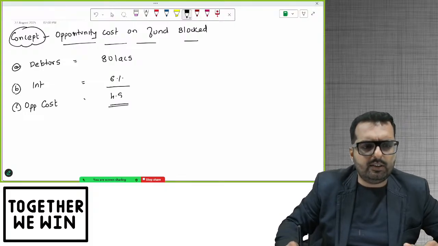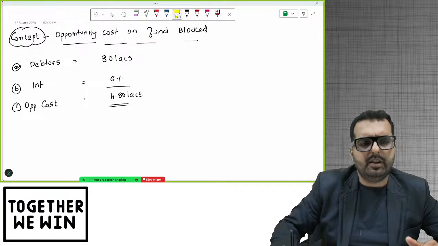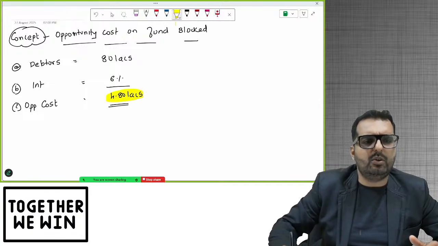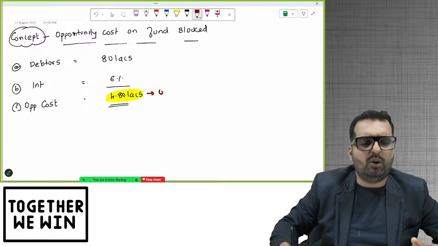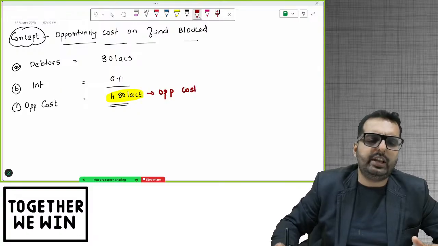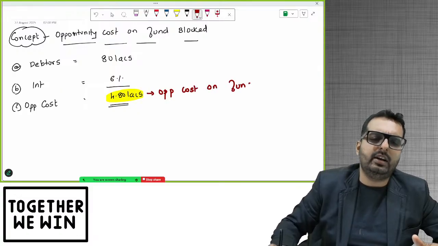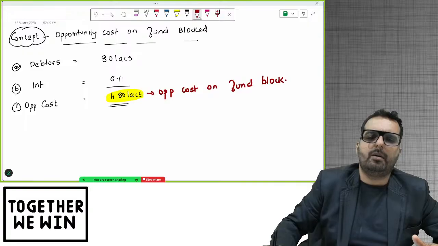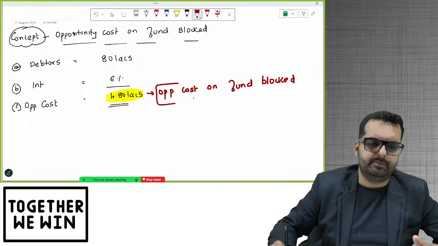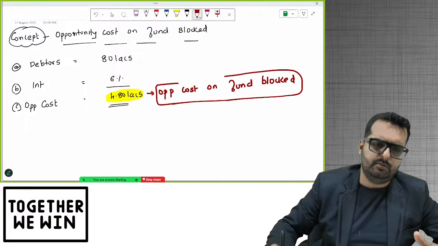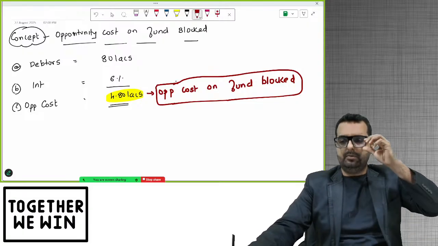Do you get the answer as 4.80 lakhs, friends? This 4.80 lakhs is what you call opportunity cost on fund blocked. Please write down.